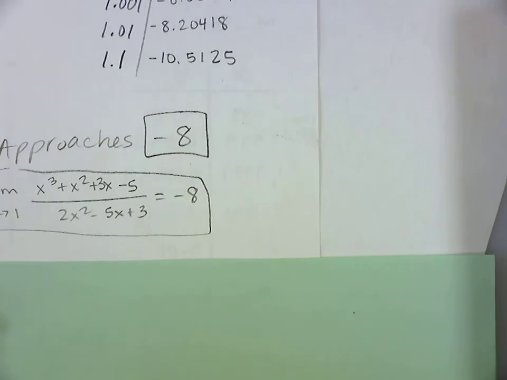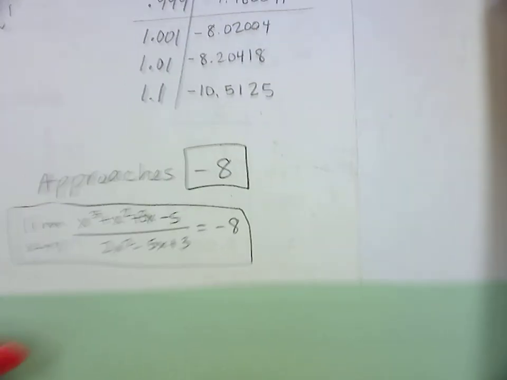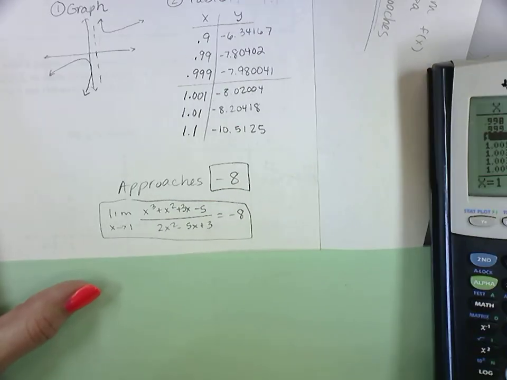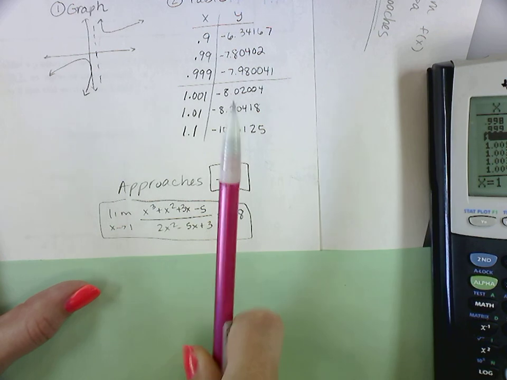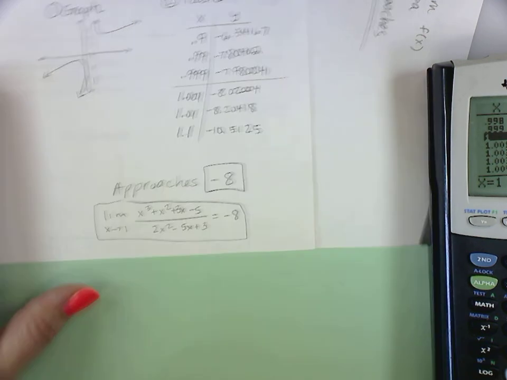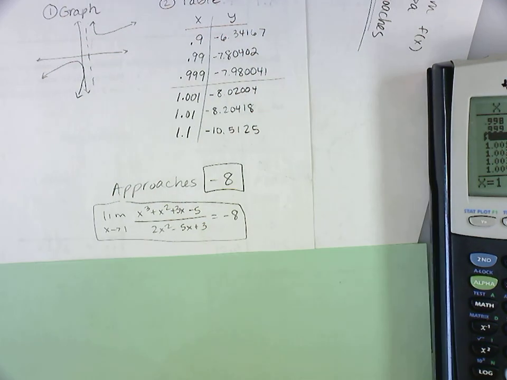Okay, so because they are getting really, really close to -8, that's what we are going to say it approaches. So that one wasn't as obvious as some of the other ones, but you can see here that you are getting really close.